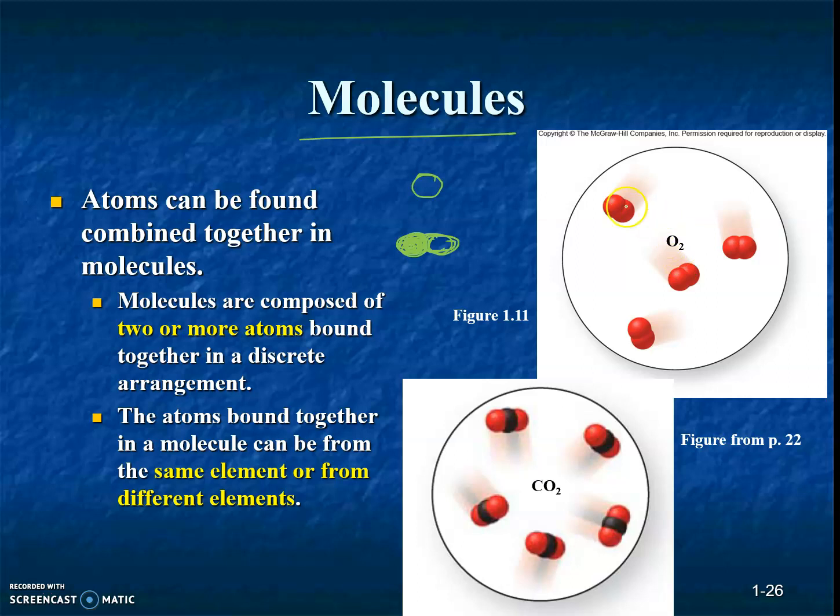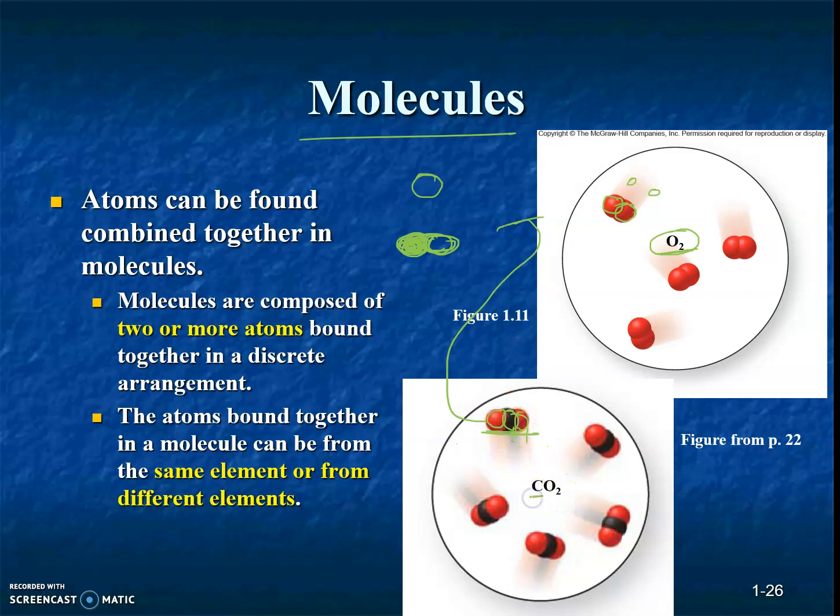For example, I have two red spheres bonding together. They are the same. They both are oxygen atoms bonding together. I can make a molecule which is called an oxygen molecule. And I can also bond a red sphere with a black sphere and then with another red sphere. So this is also a molecule, but it comes from different elements.